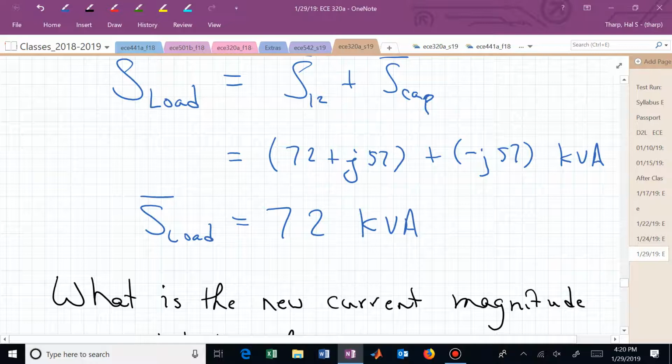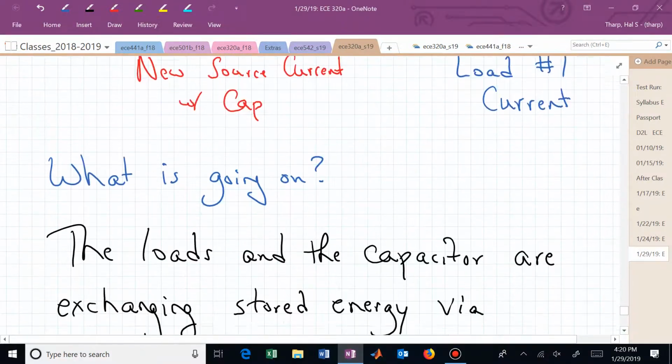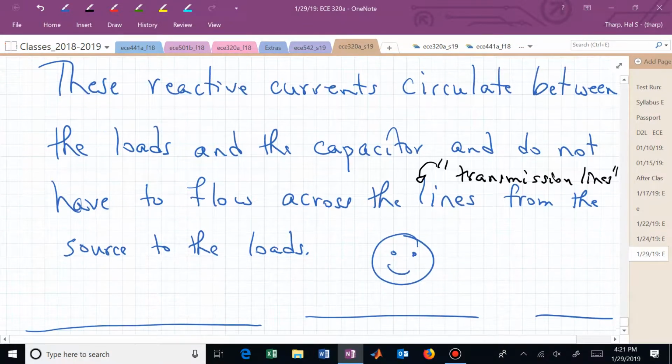So the comment was that the capacitor is now providing us with a reactive power that's just opposite to the reactive power of loads 1 and 2. Loads 1 and 2 were a net inductive reactive power, and the capacitor is purely capacitive.